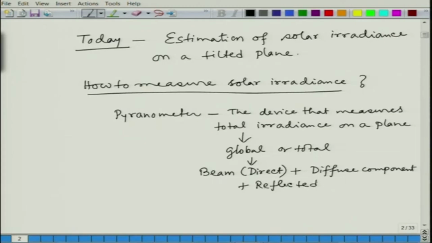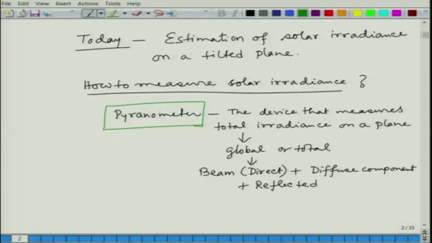Okay. We will see how each of them contribute to this total irradiance in a while. So, pyranometer, so please note that whatever value a pyranometer gives, it is the value of the global or total irradiance, okay, which includes all of the beam, diffuse as well as reflected irradiance.